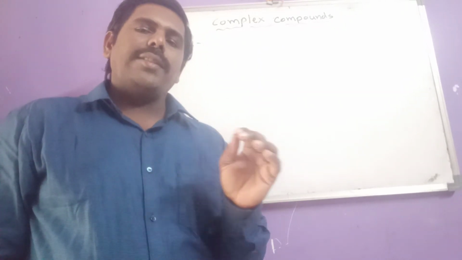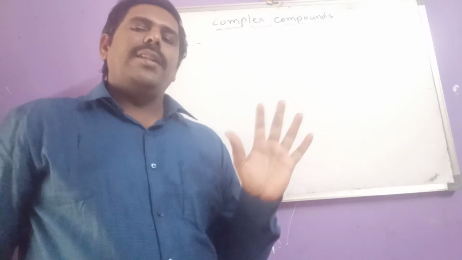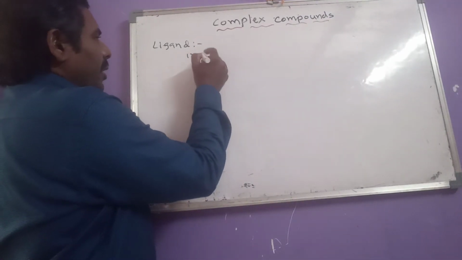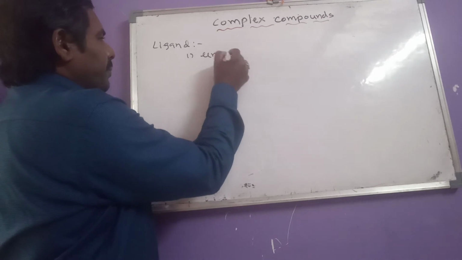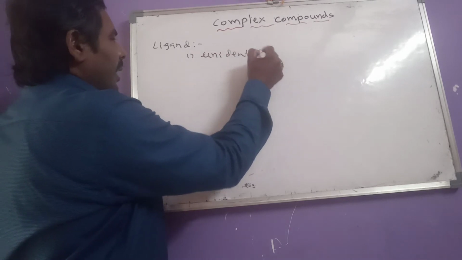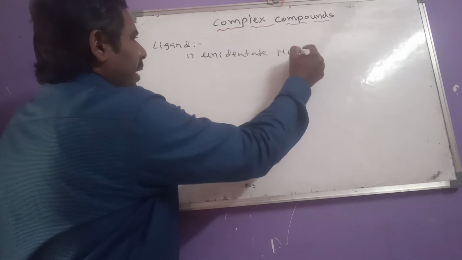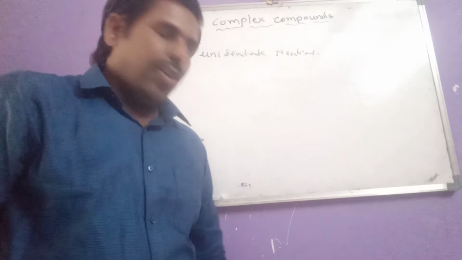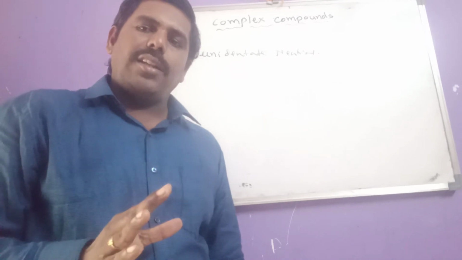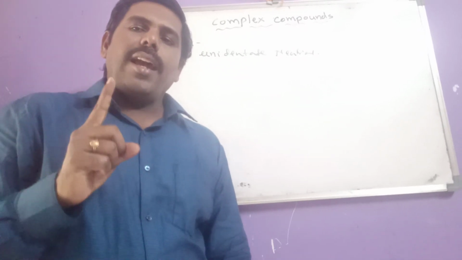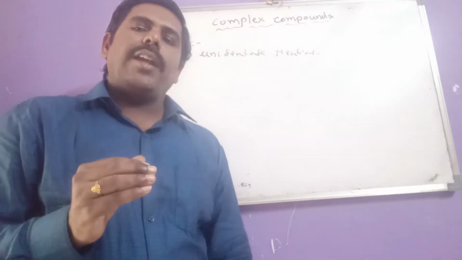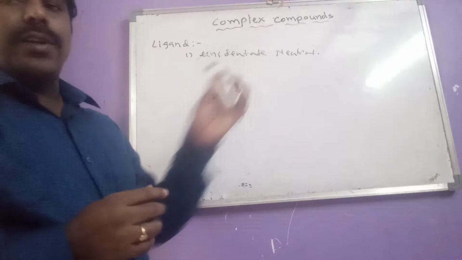The first one is unidentate neutral ligands. Unidentate neutral ligands have no charge, they are uncharged, and they have only one donor atom. Such types of ligands come under this one.